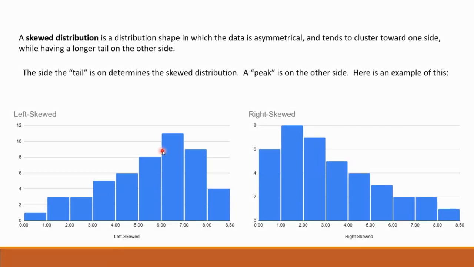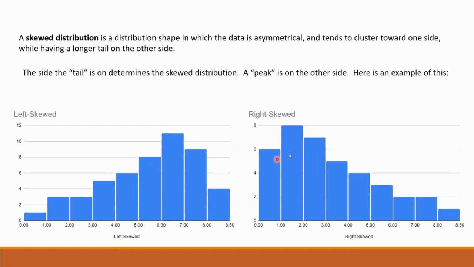And what happens is the data values tend to cluster towards one side. Like here, for instance, when it's left skewed, the data values are mostly over here to the right side when you're looking at the histogram. That's what these higher bars tell us.